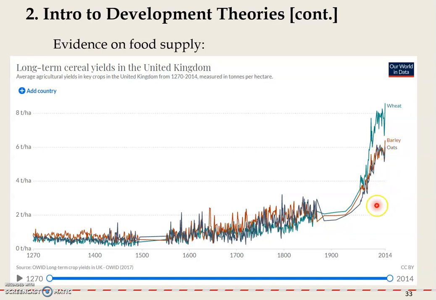Okay. In other words, we did not really see a curve getting flatter and flatter. We didn't really see the evidence of the law of diminishing returns on this figure, which is very impressive, right? Or simply speaking, Malthus was dead wrong, okay, about the food supply.